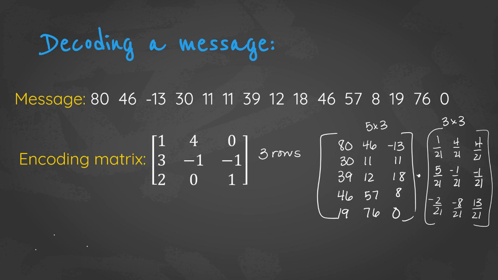Some of these numbers, 46, 57, etc. Make sure that you get the right number in. Once you've got those entered, again, you want to multiply your coded matrix by that inverse matrix.